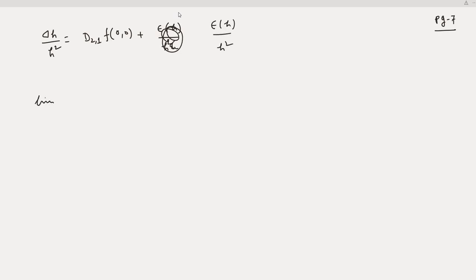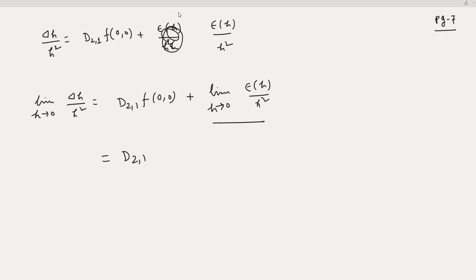Now limit h tends to 0 of delta h over h square equals d_{2,1} f at (0, 0), which is independent of h, plus limit h tends to 0 of epsilon h over h square, and this is equal to 0. So limit h tends to 0 of delta h over h square equals d_{2,1} f at (0, 0). This is equation A. So equation A is proved.